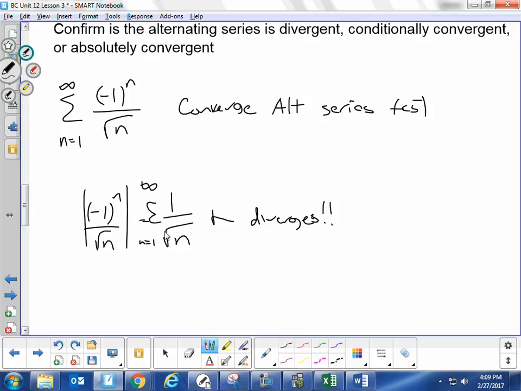This diverges because we have a power which is less than 1. So here's another conditionally convergent series.